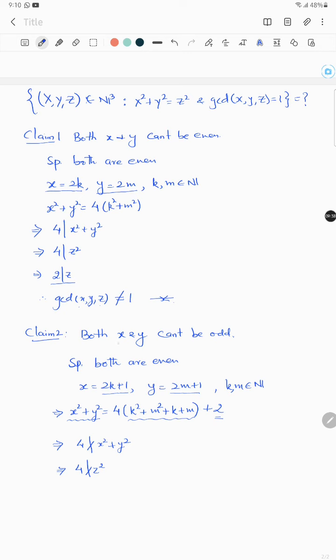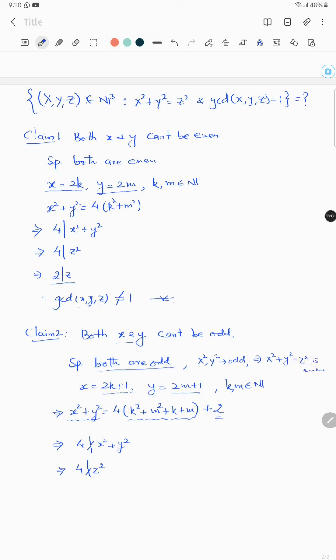Now see, x and y, we have supposed that both x and y are even. Sorry, this is not even, this is odd. So both x and y are odd. So x square is odd, y square is odd, and this implies that x square plus y square, which is equal to, of course, z square, is even.